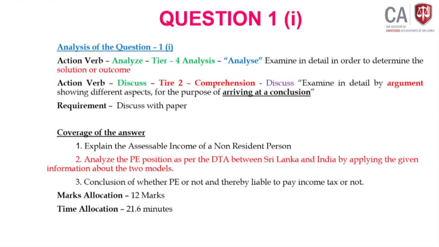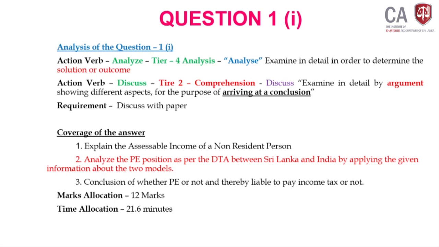This is the most critical part which you have to do. I have clearly mentioned it should be under the DTA between Sri Lanka and India. Don't apply the provisions of the Inland Revenue Act. Then the conclusion of whether there is a PE or not, and thereby liability to pay income tax or not.